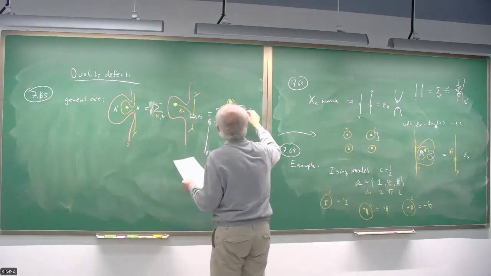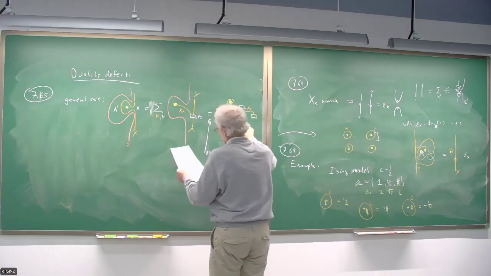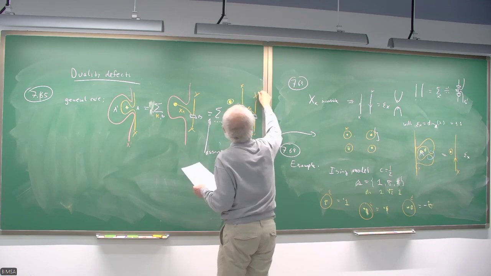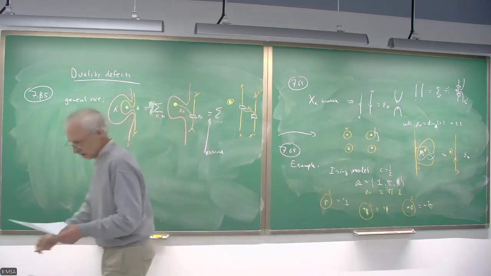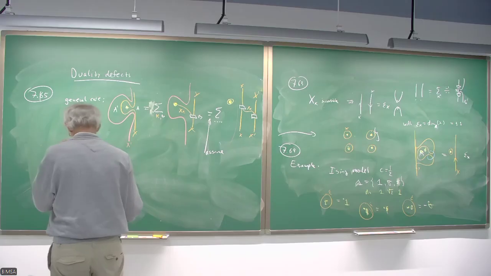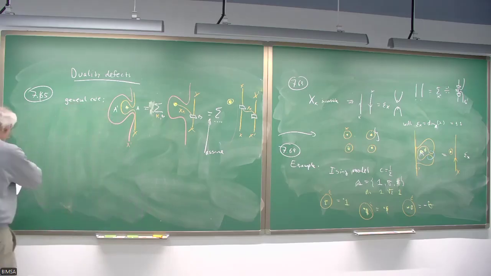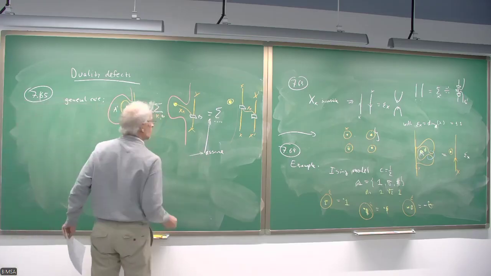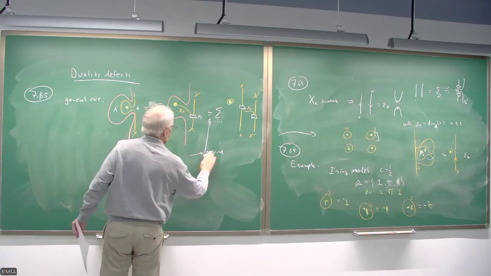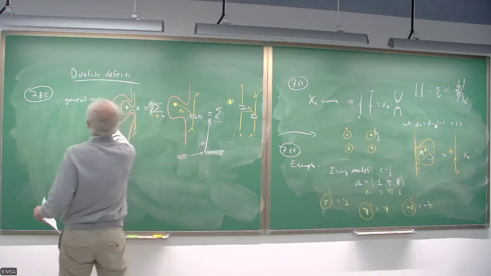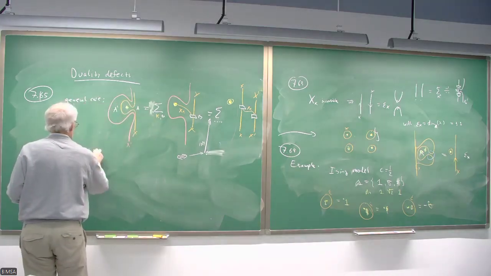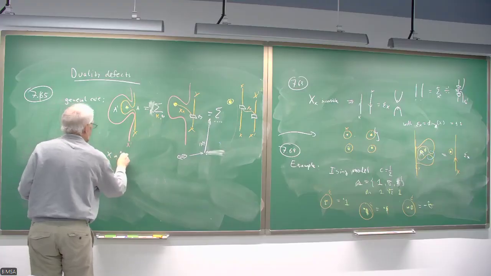Here's my x kappa. And then I have x prime, x prime. And if this holds, then I call X a duality bimodule.